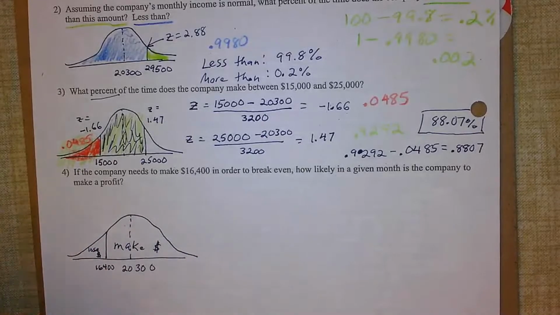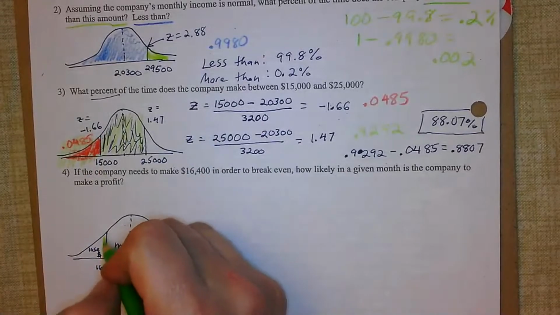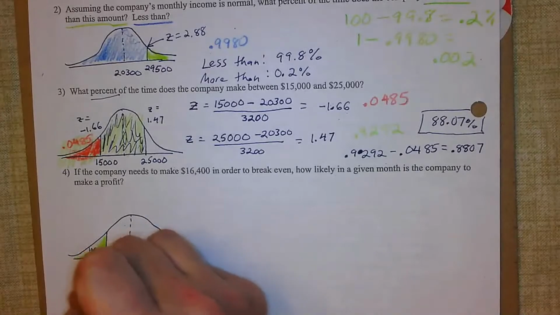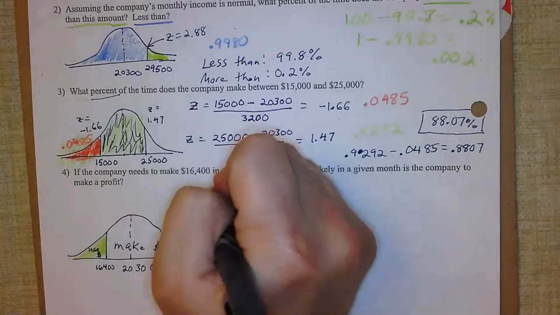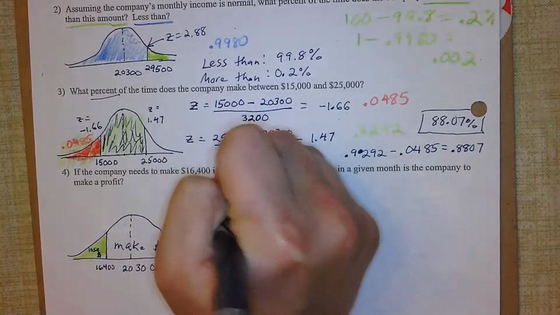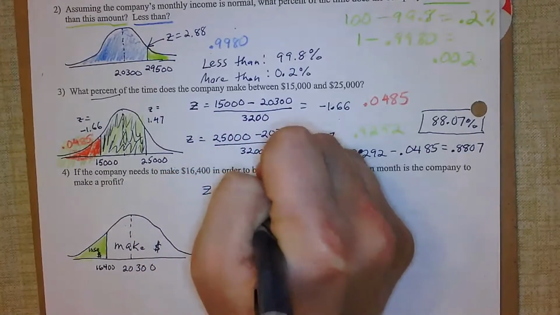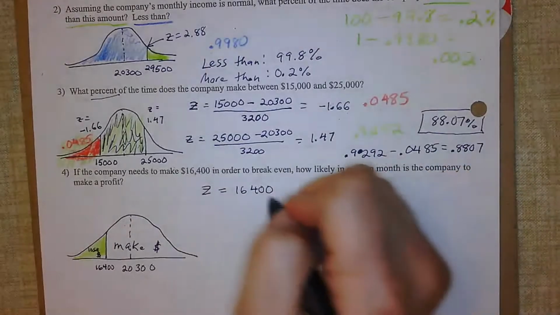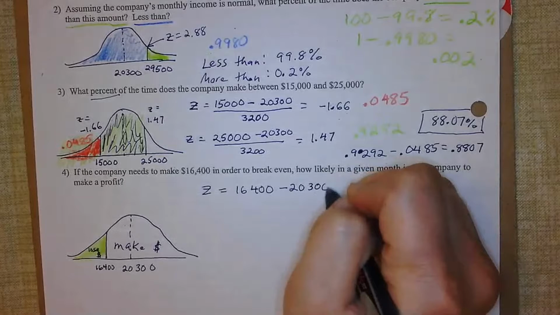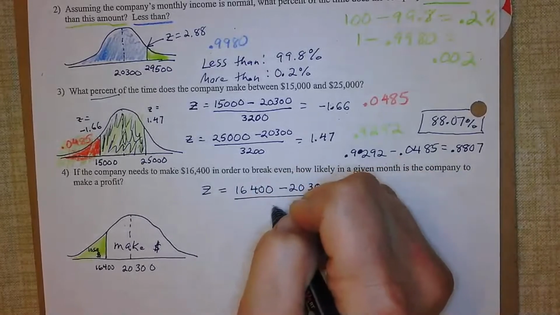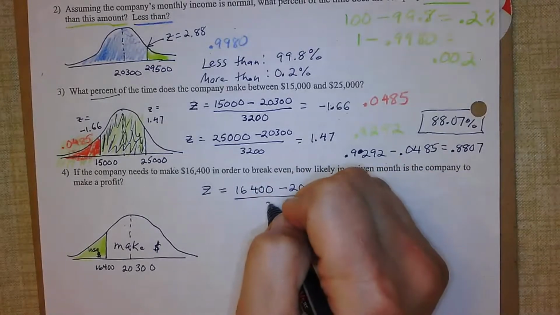So the situation is when I go to my table, I'm going to get this value. It's always important to remember I'm always going to get the value to the left. So pause the video and find the Z value for 16,400. What you should have done was take 16,400 minus 20,300 and then divide that result by the standard deviation.